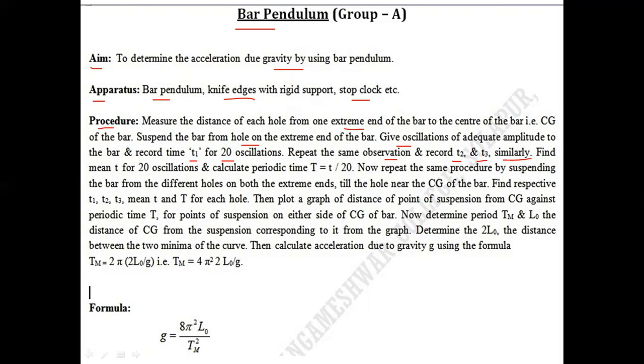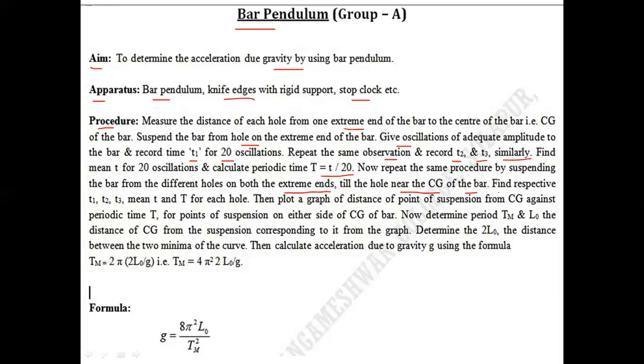Find the mean t for 20 oscillations and calculate the periodic time T, capital T is equal to small t divided by 20. Now repeat the same procedure by suspending the bar from the different holes on both the extreme ends till the hole near the edge of the bar.